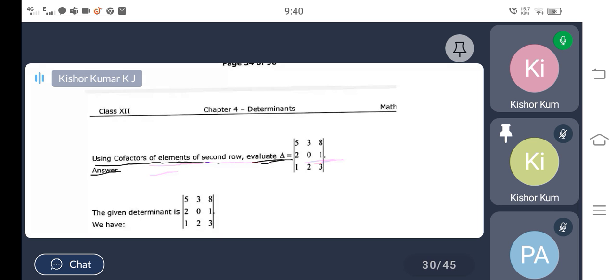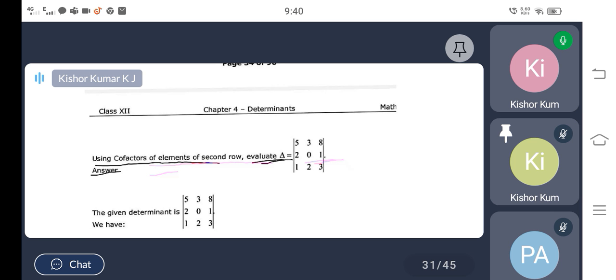So what should we be doing? Using the cofactors of elements of the second row. The elements of the second row means we have 2 0 1. So we have to use the cofactors of those elements, then we have to evaluate. It's a very simple thing. We should calculate the cofactors of the second row first.